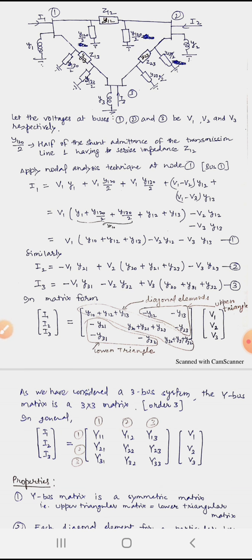So we are getting the diagonal element, or the self admittance for a particular bus, which is nothing but all the admittances connected to that bus, and that forms the diagonal element.